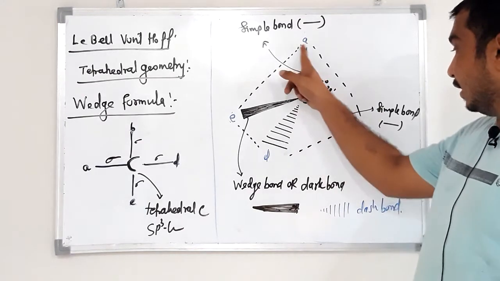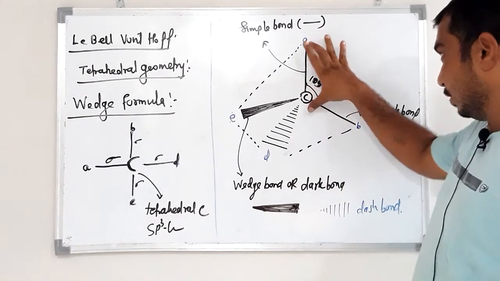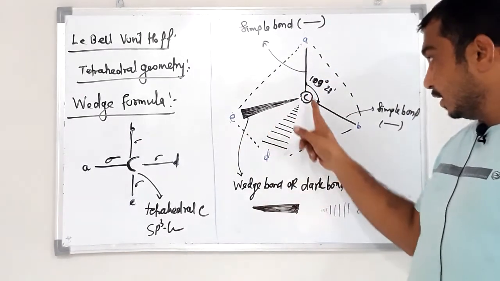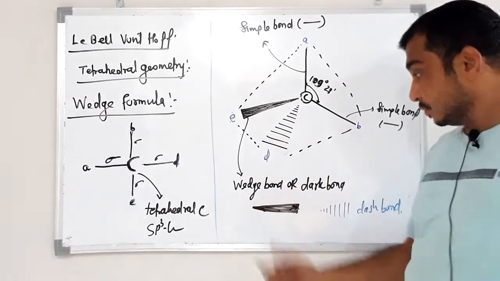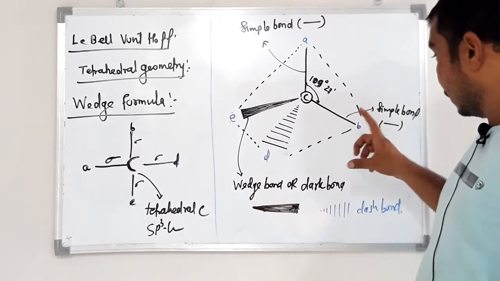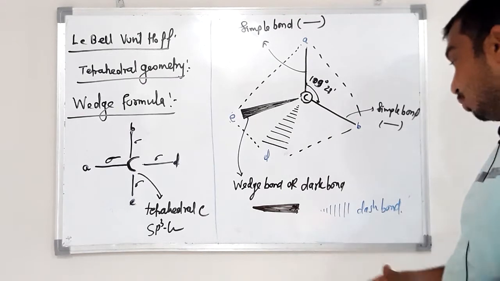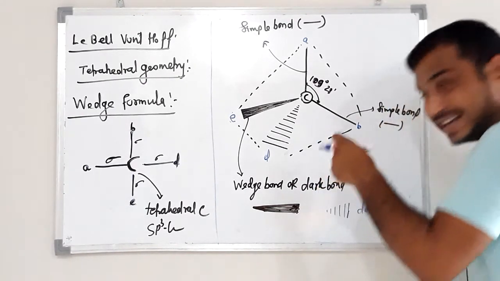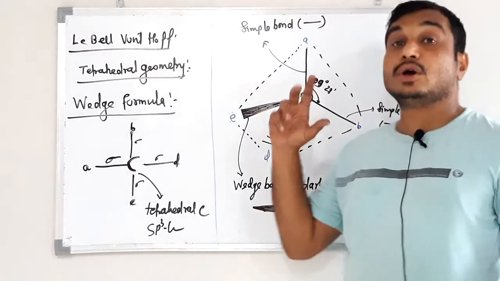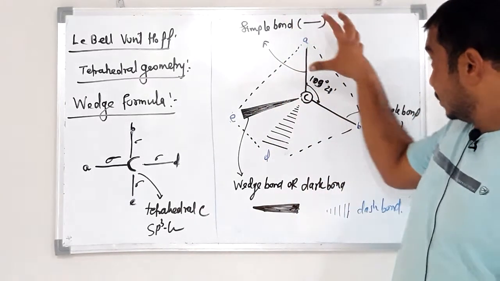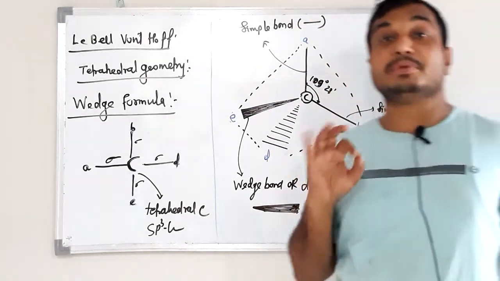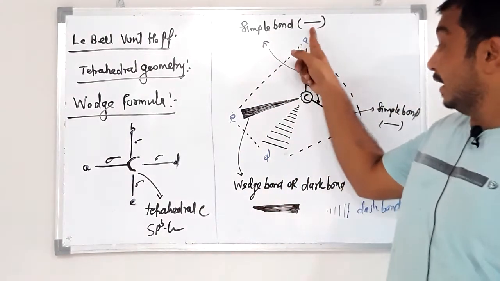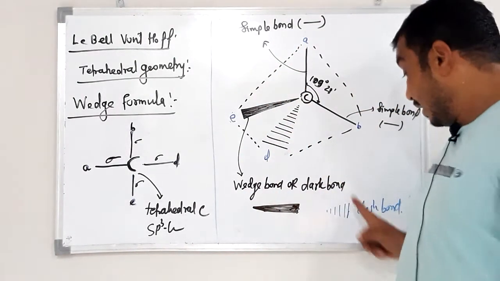So A and B are attached to C by simple bonds, E is attached to C by a wedge bond, and D is attached to C by a dash bond. What is the meaning of this? These 3 types of bond, simple line, wedge bond and dash bond, have different meanings.